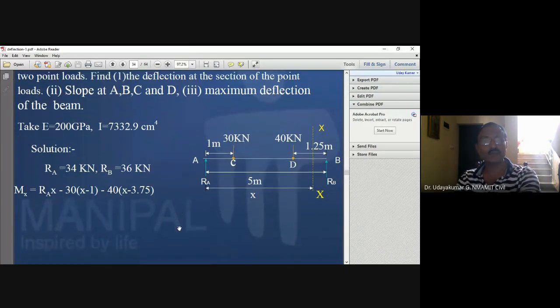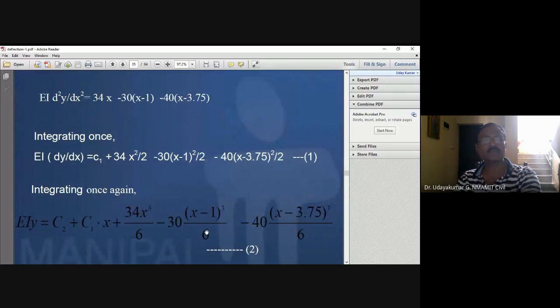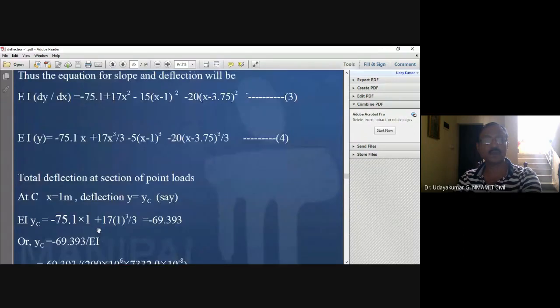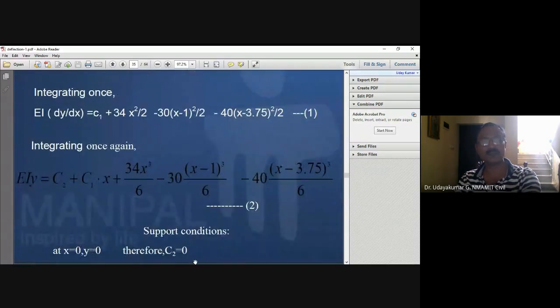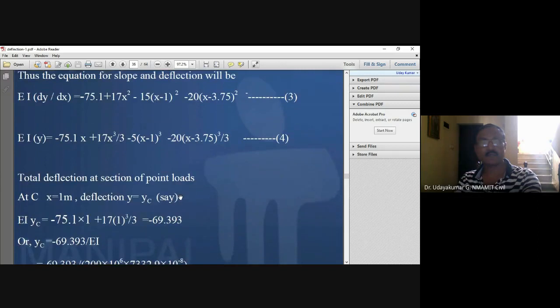So using that condition, to get C2, at x equal to 0, y equal to 0, so you get C2 equal to 0. Substitute here, you will get the equation once again in terms of C1 x. So this is the slope equation.